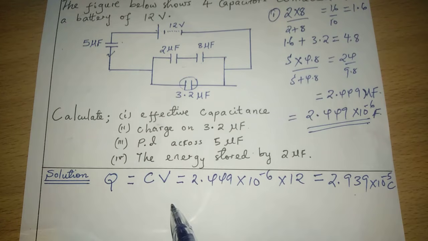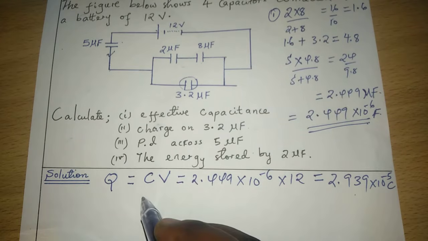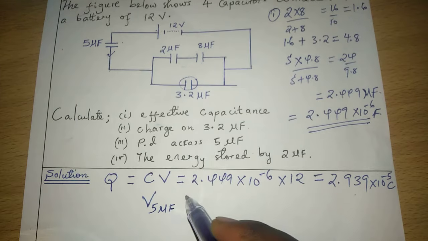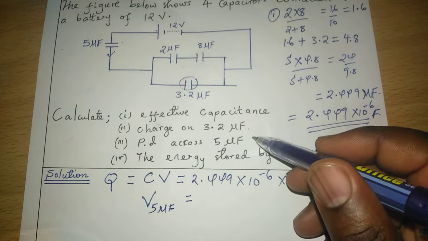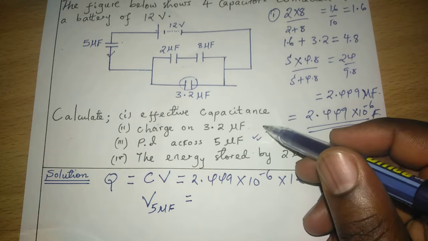So we can get the voltage in the 5 microfarad capacitor. By getting this, we will have solved number 3 before we get to number 2.